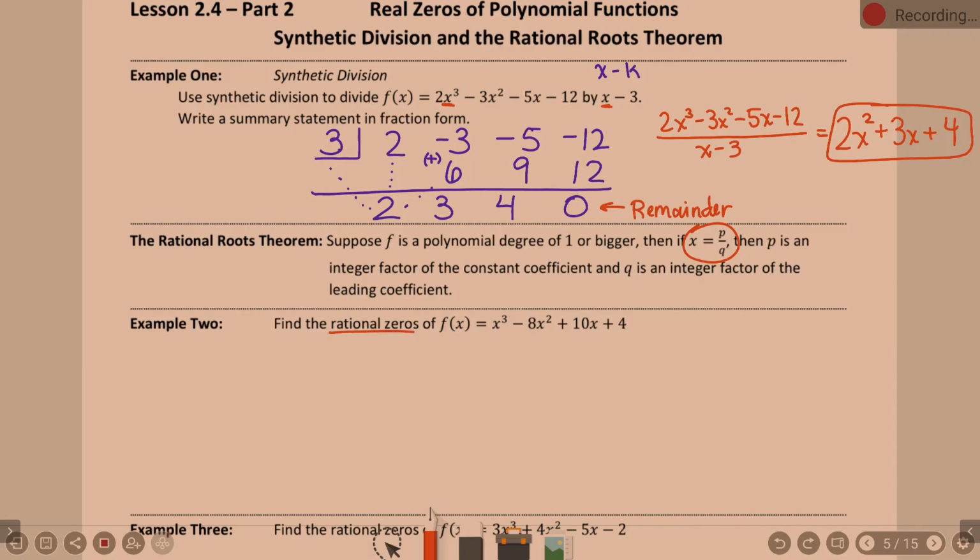We want to find rational zeros. We're going to start with what I'm going to call PRRs, which are possible or potential rational roots. In order to do that, this is where we're going to do the x equals p over q.